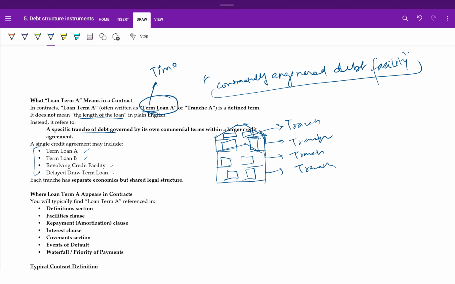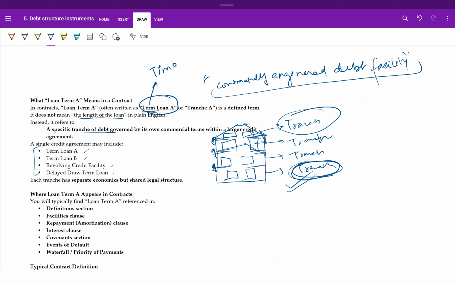These tranches connect, but the functioning is totally independent. How one tranche works is totally independent of how another tranche is working.